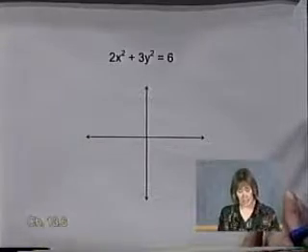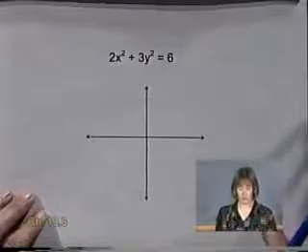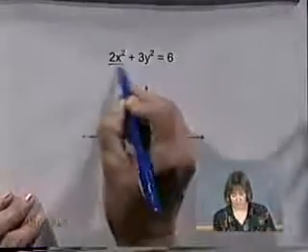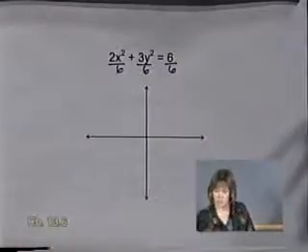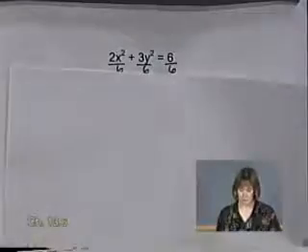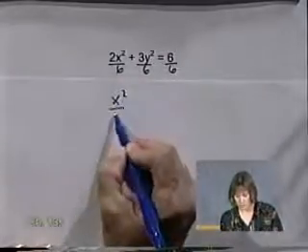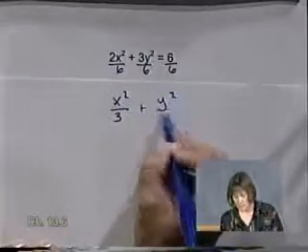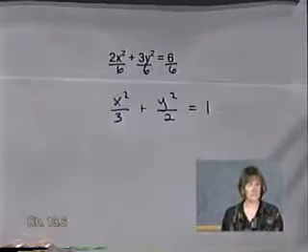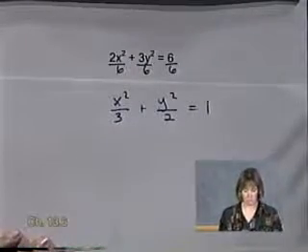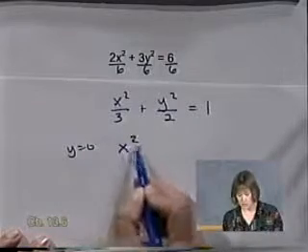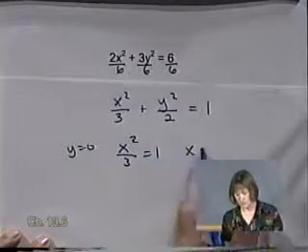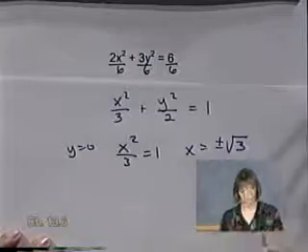In this particular case, you have 2x squared plus 3y squared equals 6. If we divide by 6 throughout, let me just put this on a sheet of paper right here, that gives me x squared over 3 plus y squared over 2 is equal to 1. All right? And if we let y be 0, you're going to get x squared over 3 is 1, or x is going to be plus or minus square root of 3.